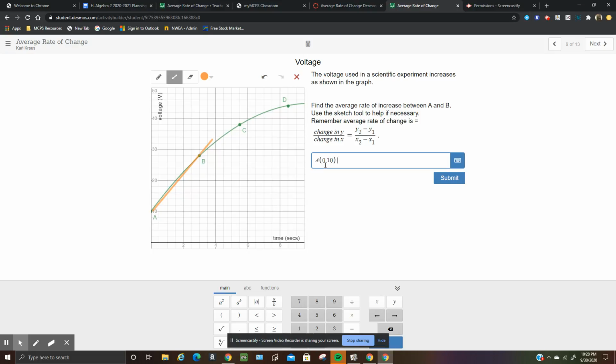And then B is at 3, and let's see what the scale is here. So 2, 4, 6, 8, 10. Yeah, each one of these is 2. So it's at 3, 28.